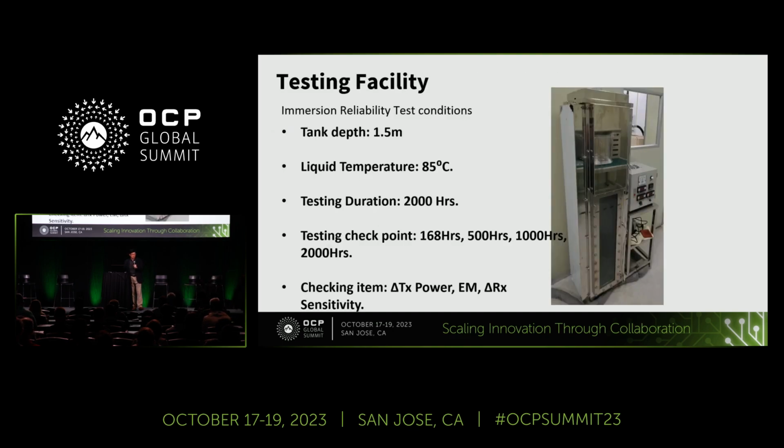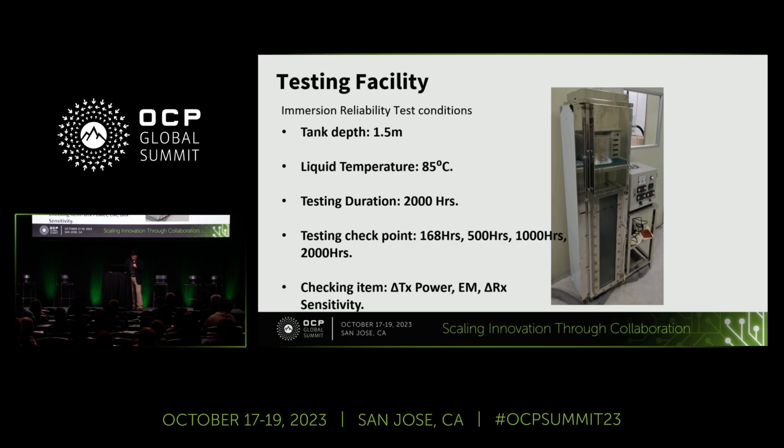This is a picture sharing some of the work that we have already done internally. This is a custom-built tank, 1.5 meter depth, and the testing temperature was 85 degrees for 2,000 hours. We ran checkpoints at 168 hours, 500 hours, 1,000 hours, and finally at 2,000 hours.